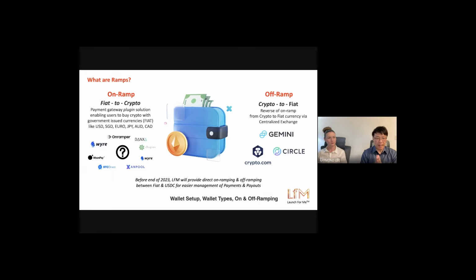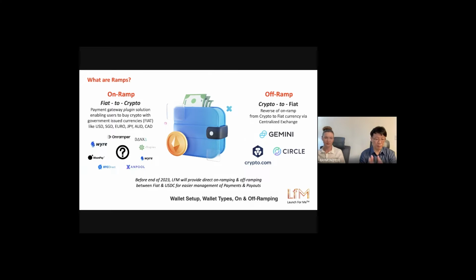So there are a number of payment gateway providers, one of which we really like is MoonPay, because MoonPay has many different regulated branches across the world. So they're open to many countries. Right? So MoonPay is a payment gateway provider, but they still rely on the credit card provider, which is Visa and MasterCard.